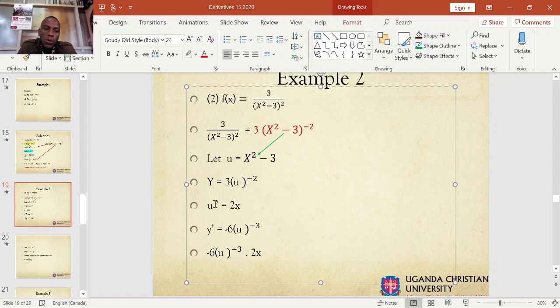So du/dx is the same as 2x. This is the derivative of x squared minus 3. It's just 2x, from 2 minus 1, and negative 3 is a constant, so it's 0.